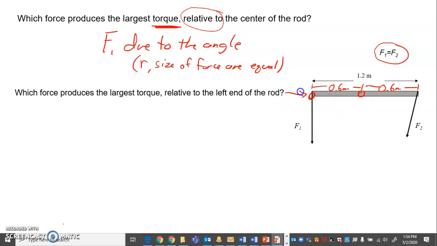For this question, if we're looking relative to this axis of rotation, F1 is not going to create any torque whatsoever. That's like trying to open the door by pushing on the hinge. You're not going to get any rotation at all. So if this is our axis of rotation, we get no torque whatsoever created by F1. So F2 is definitely going to produce more torque.